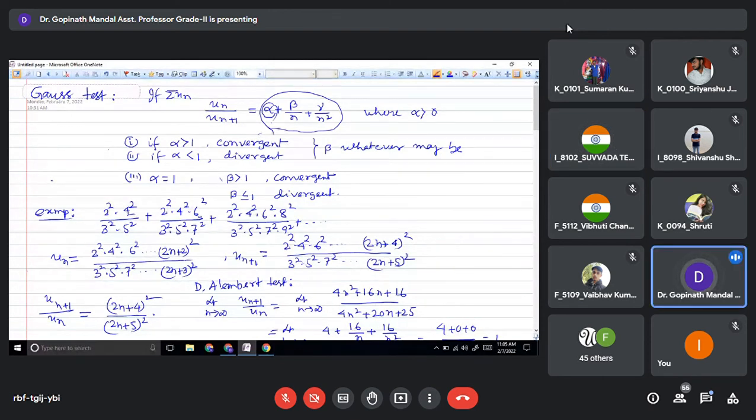You can test by the comparison test also, because Cauchy root test is applied to the form of something to the power n. This type of form is applied for Cauchy root test. Okay.